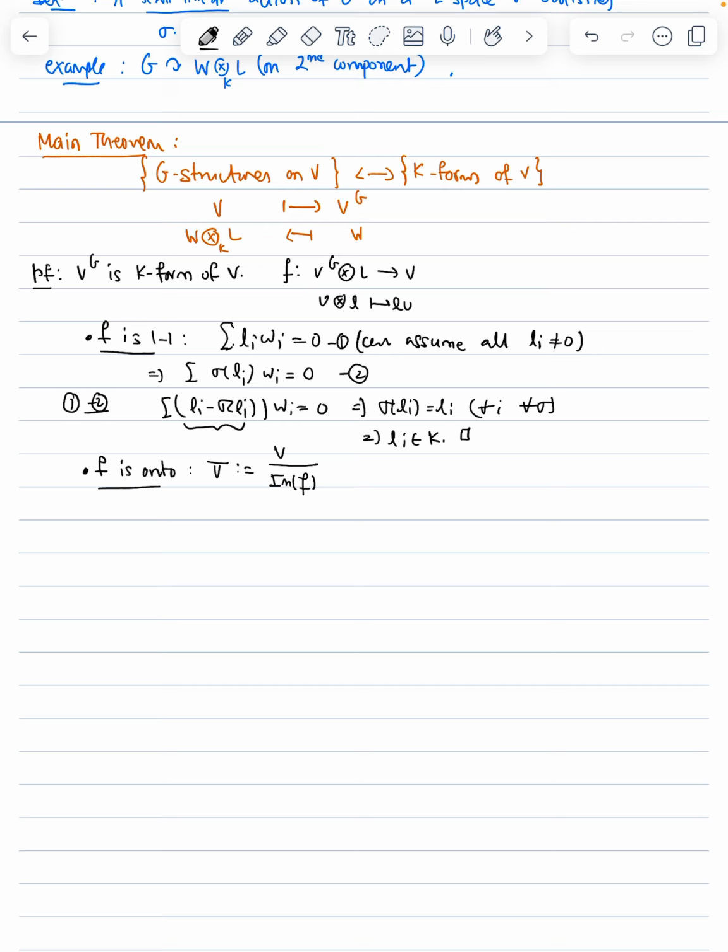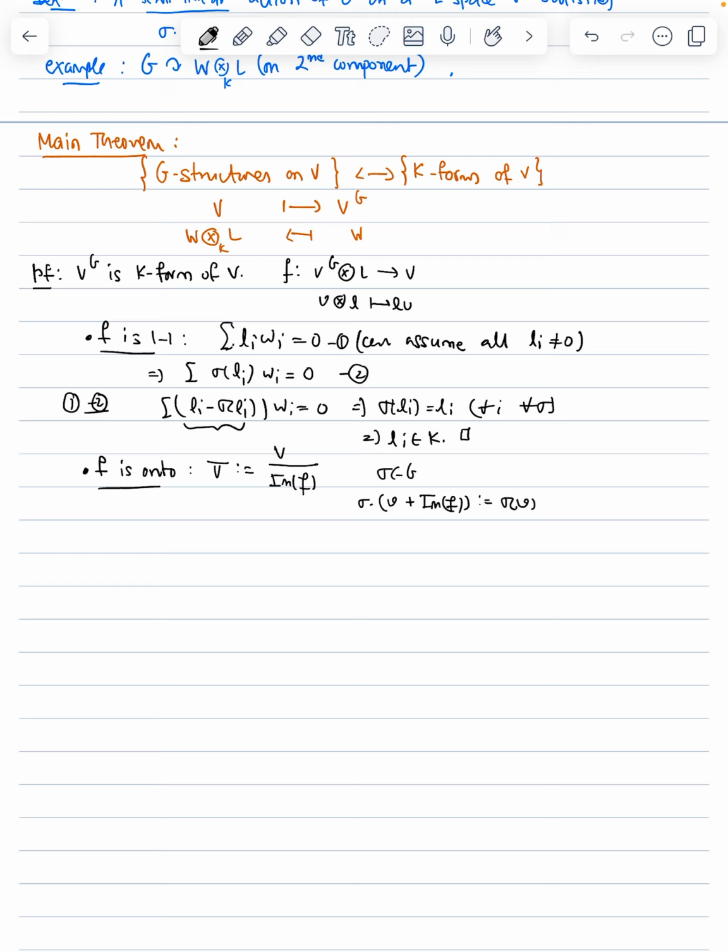And you can show that the co-kernel also has a semi-linear G action by just obvious things. You take any sigma from the Galois group and any element V plus the image, and you define sigma acting on it to be sigma of V plus the image. But you have to be a bit careful because of the well-definedness.